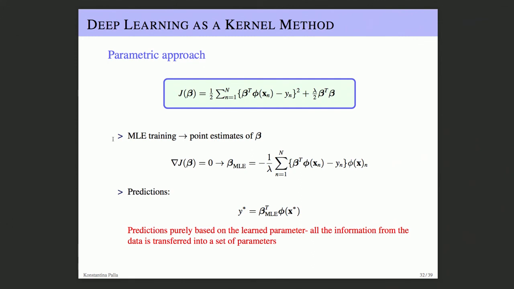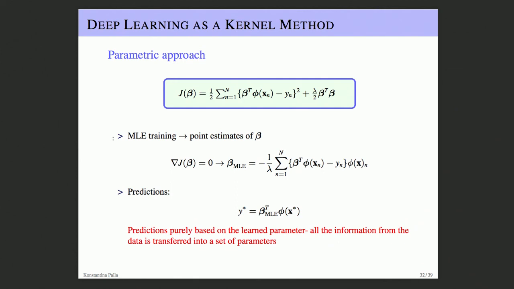It doesn't come from the posterior, it only looks like it because I made it look like that, but I still use the maximum likelihood estimate of that cost function. Again, the predictions are computed by plugging the maximum likelihood estimate into the regression function. So I take the maximum likelihood estimates for the weights, and the output is a linear combination of the basis functions using these point estimates.